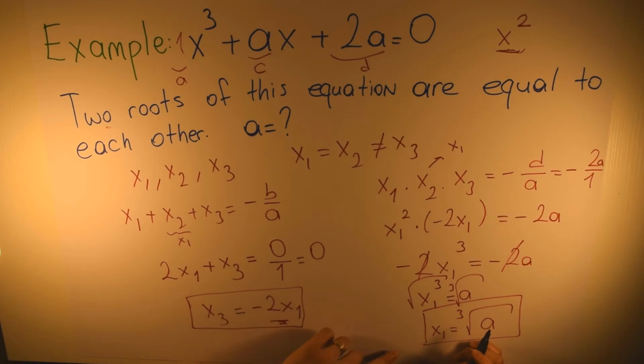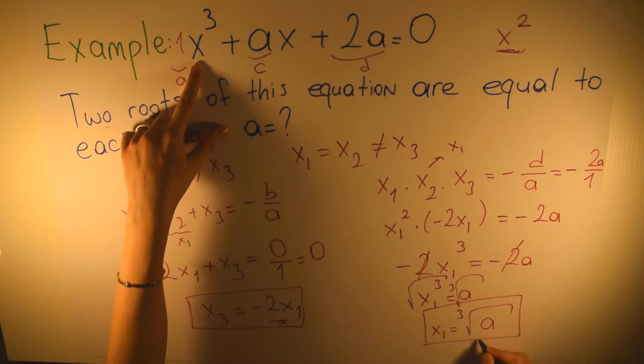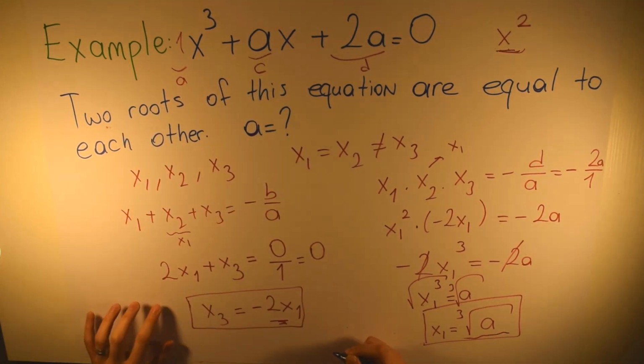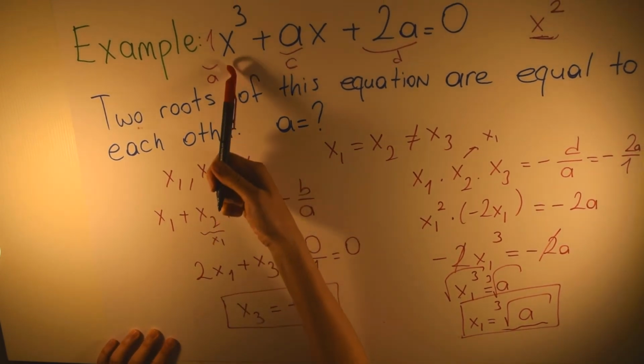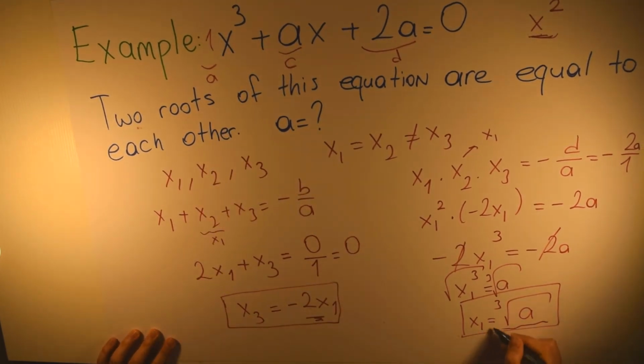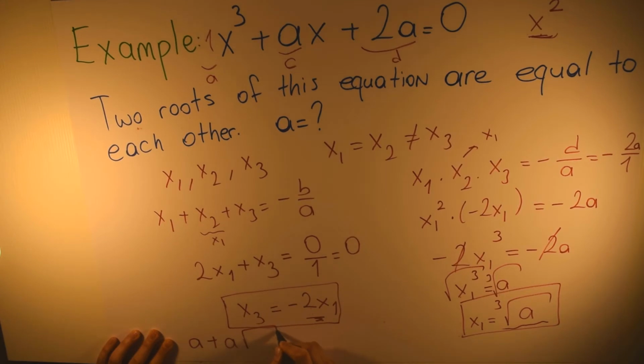So what I do after this is take this value and put it here, instead of x. Okay, let me write it here. So here we have x cubed. When I take the cube of this, it is a, plus ax, so a times the cube root of a, plus 2a, right?